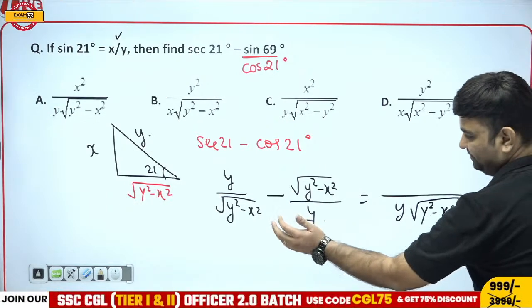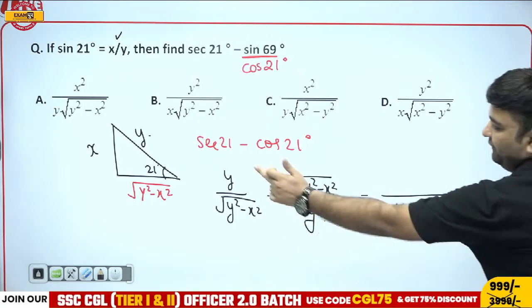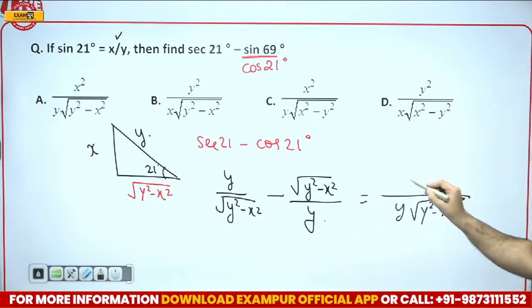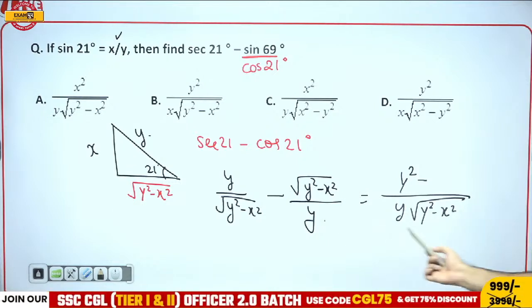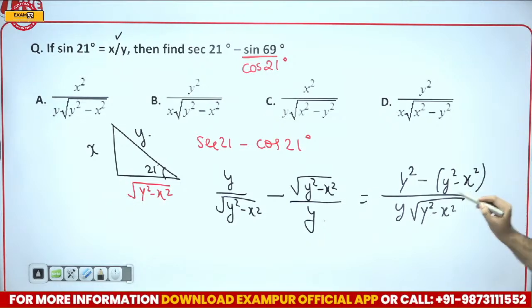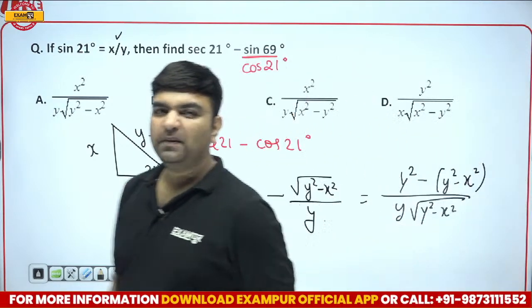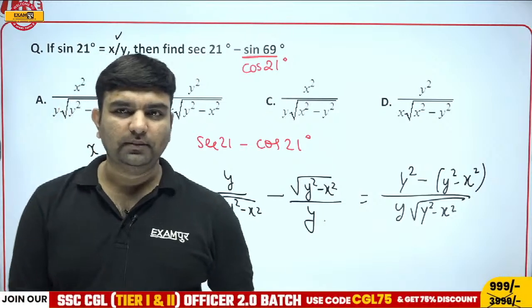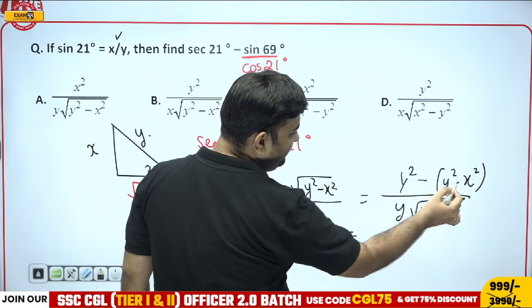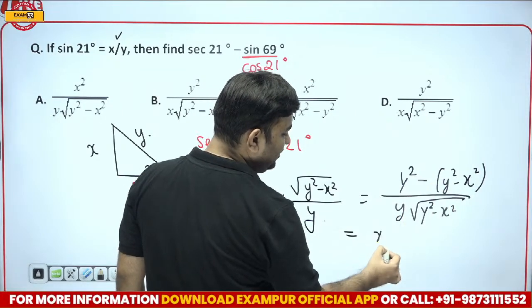Here y will come in the LCM because this is already there. So y into y is y square. And here y is there, so it will come in the product minus of y square minus x square. Under root will become the complete number. So when you solve it, y square will get cancelled out and x square will remain.